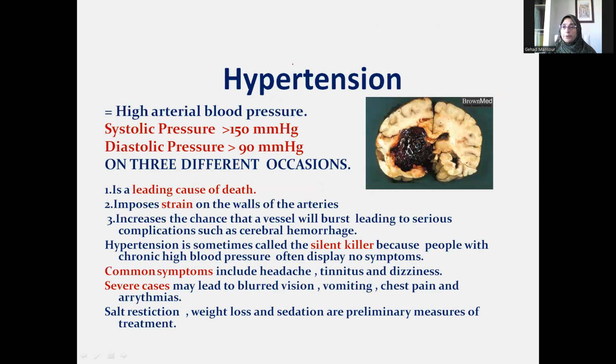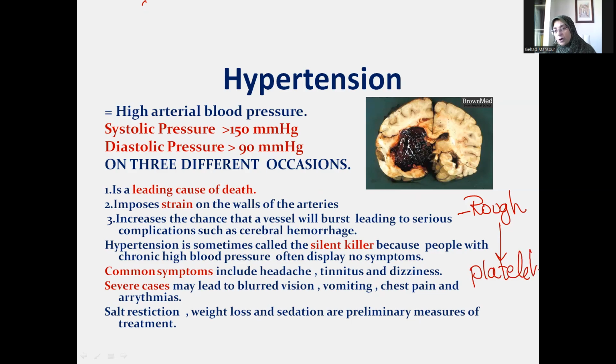We have mentioned hypertension and the definition of hypertension. Of course, you have to know that hypertension injures the inner blood vessels because there is stress on them, and it results in roughness of the inner blood vessels. And if the inner wall of the blood vessels is rough, then platelets would be destroyed.